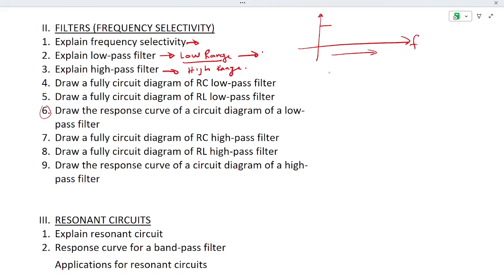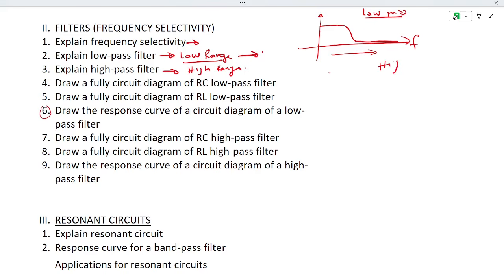It accepts the lowest frequencies, and when it reaches a certain high level of frequency, it blocks all the highest frequencies. This is a low pass: it allows the low frequency to pass and blocks the high frequency.